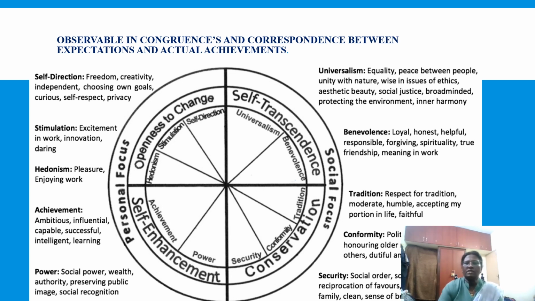That is universalization. It is equality, peace between the people, unity with nature, wisdom, ethics, aesthetic beauty, social justice, and then broad-mindedness, protecting the environment. Nowadays, this is very important, protecting the environment, globalization and inner harmony, and so on.